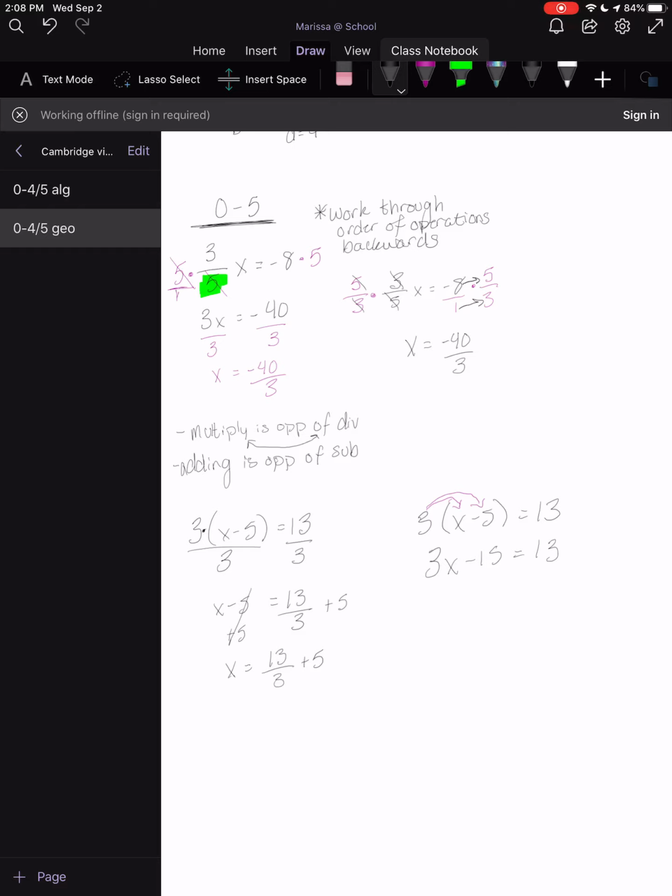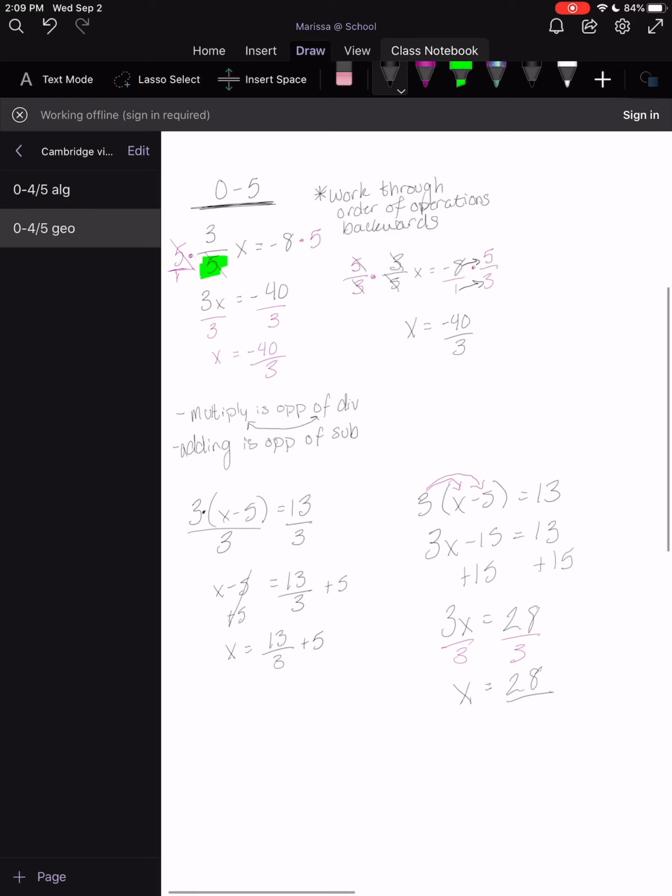Next, I'm going to add my 15 because I'm trying to isolate the x by itself. Adding that 15 would give me 28. And then finally, remember the opposite of multiplication is division. So I'm going to divide by 3. 28 does not go into 3, so this is simplified. Notice I get 28 over 3 this time instead of 13 over 3 plus 5.